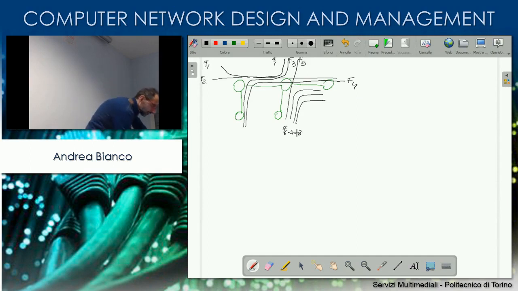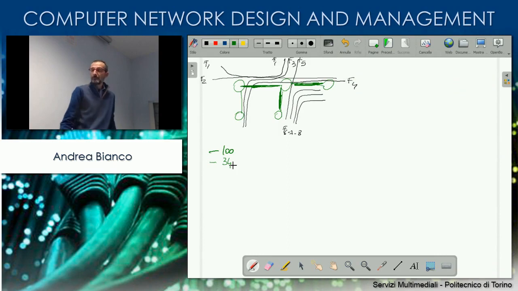And the speed are all of them 100 on these 3 links here, except the first one, which is 34. So link 1 is 34. Okay.